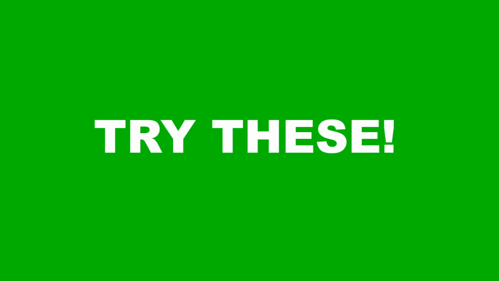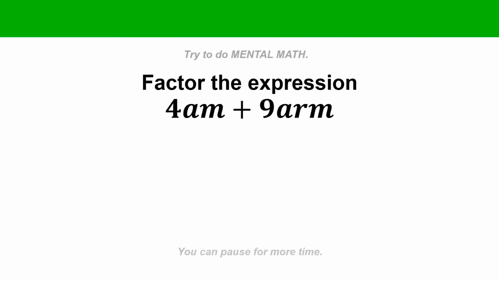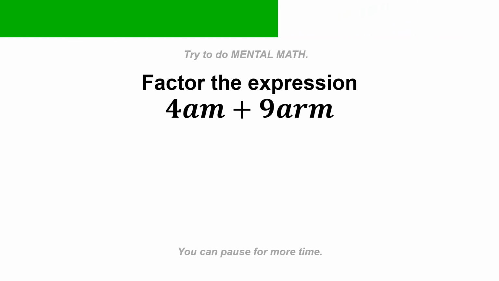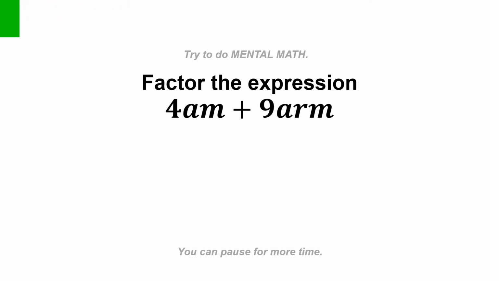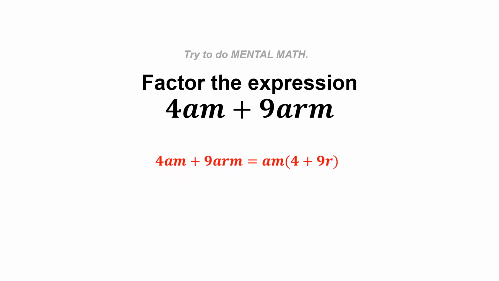Now, try this. Factor the expression 4am plus 9arm. The factored form is... Factor the expression 39u minus 91v.